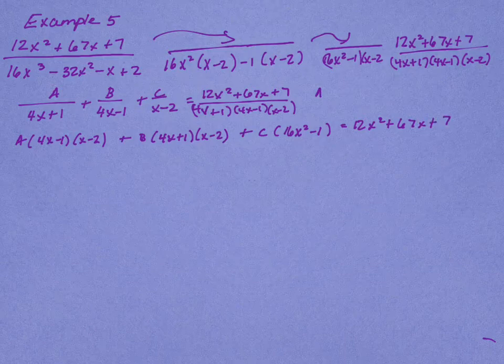So let's multiply this out to be 4x squared minus 9x plus 2. And then B would be multiplied by 4x squared minus 7x minus 2.